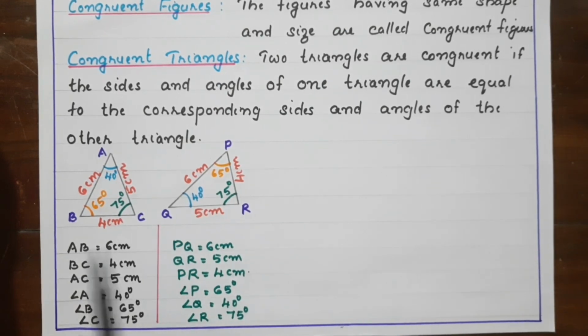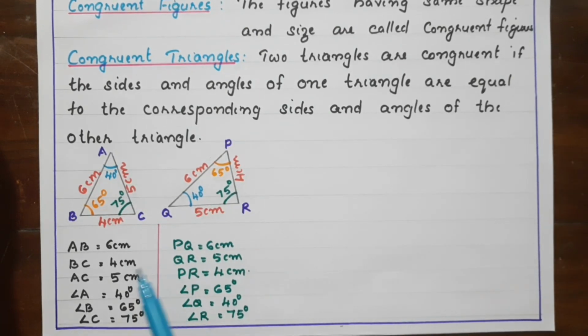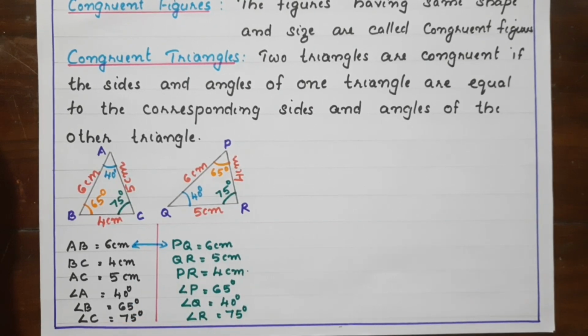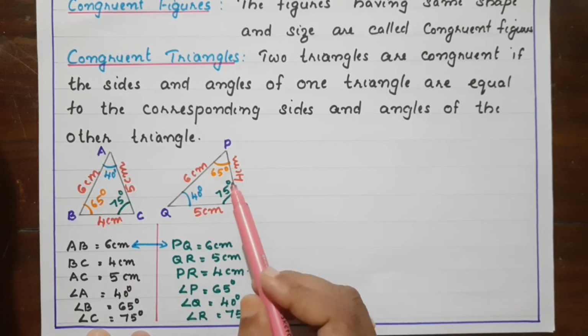So we have to check the sides and angles. See here you can see AB equal to 6 cm. Isn't it? And PQ is also 6 cm. So these two sides are equal. Then BC equal to 4 cm. And which side from PQR is 4 cm? PR is having 4 cm.